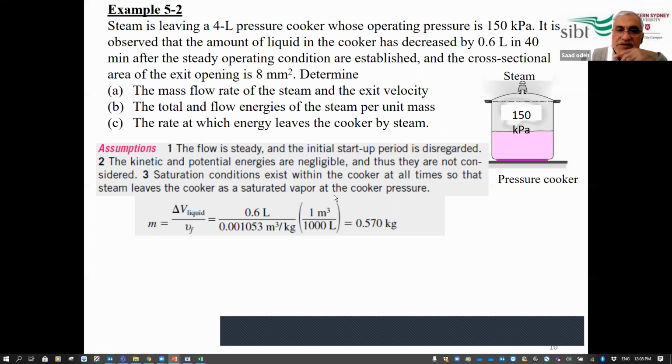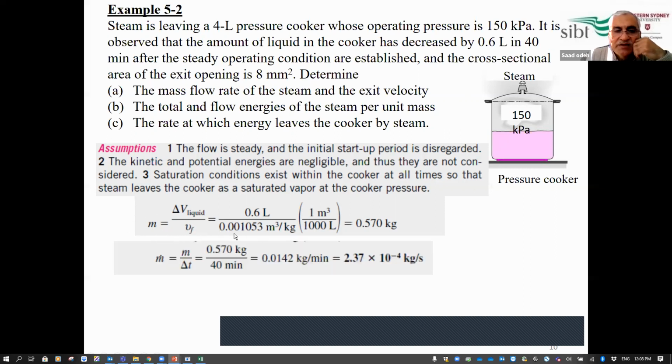So we found the amount of liquid decreased, which is 0.57 kilogram. And then if you want to find mass flow rate, you simply divide this by the time, which is 40 minutes. But of course, we need to change the units to seconds. Then you can get kilogram per second.